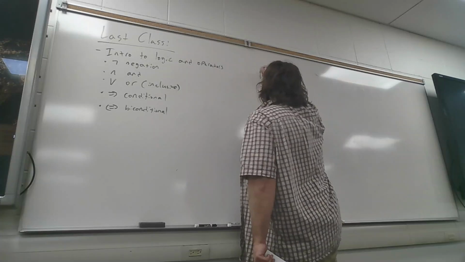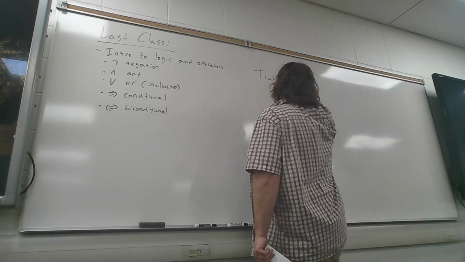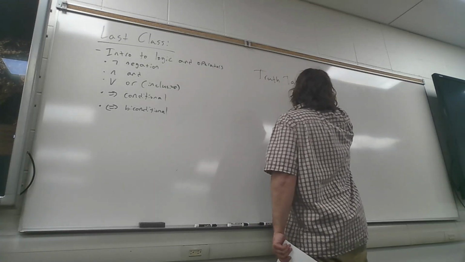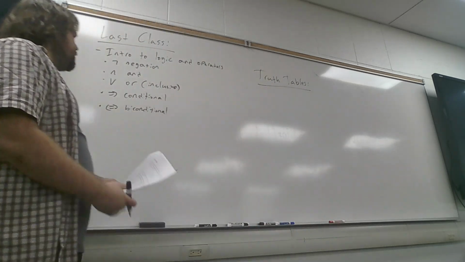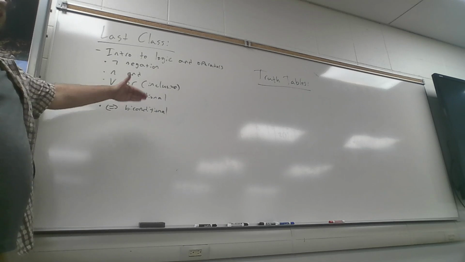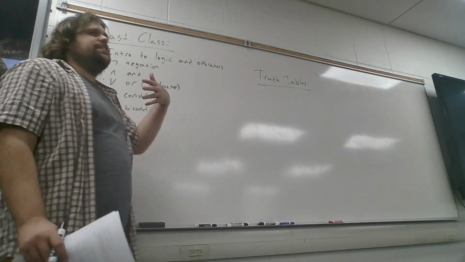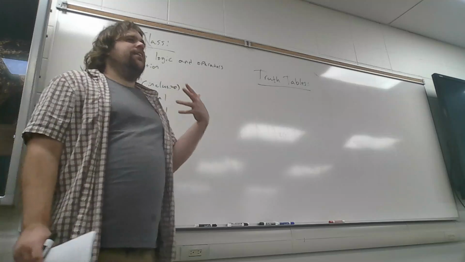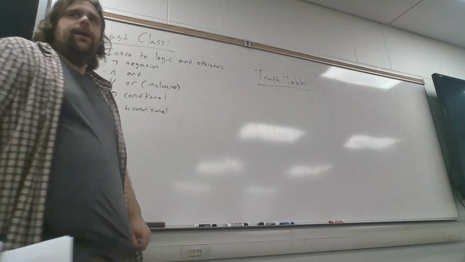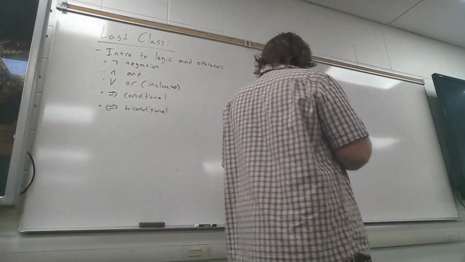With that said, there is a nicer way to organize information, right? Especially this one is kind of hard to keep track of when it's true and when it's false. So it'd be nice if we had a compact way of keeping track of everything, right? And that's where a truth table comes in.